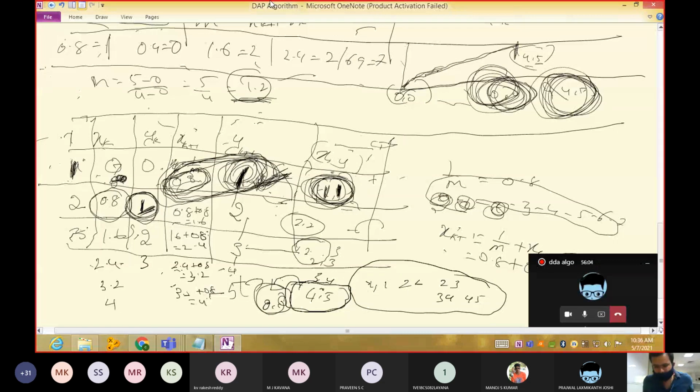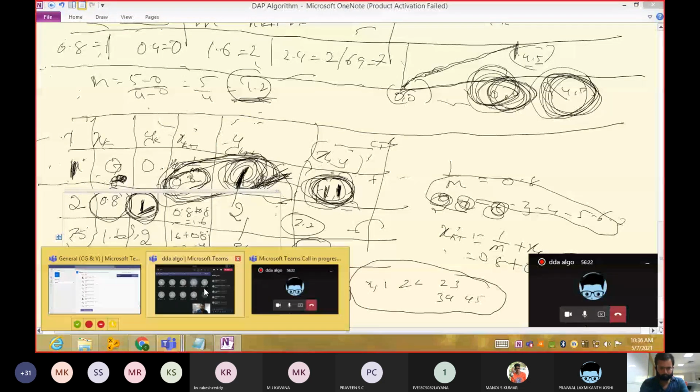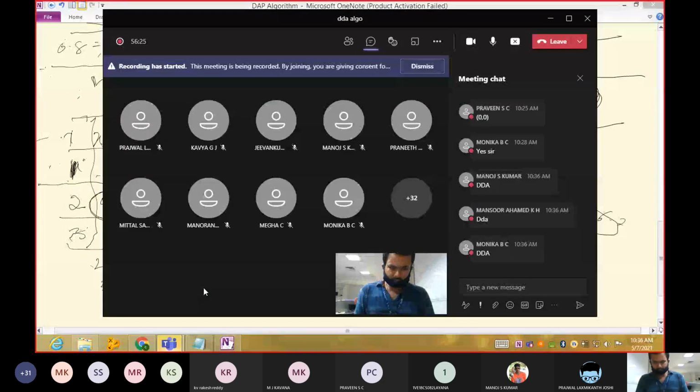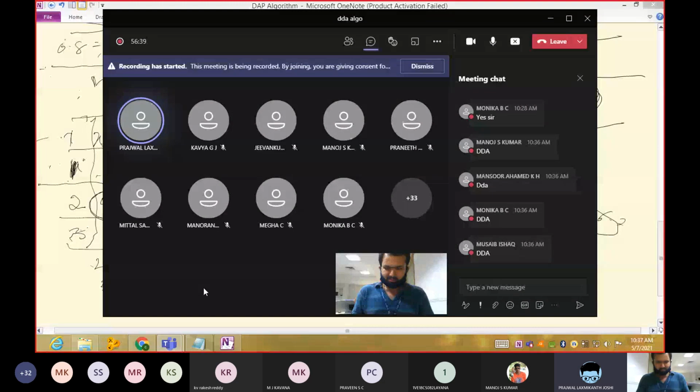Guys, is this DDA algorithm clear with an example? If it is clear, reply DDA. Monica, Mansoor, Manoj. Is it interesting? It will be good, but it's up to you.